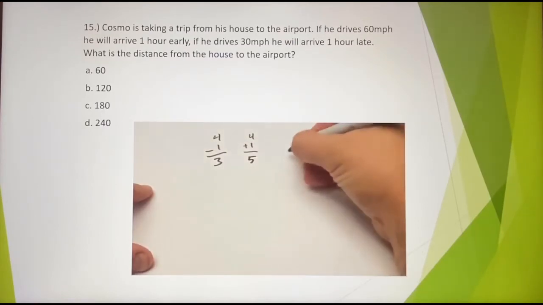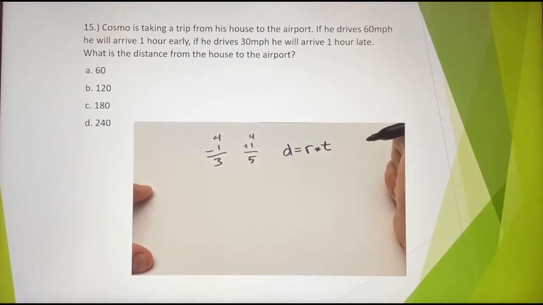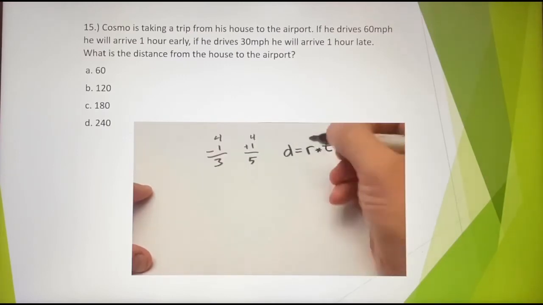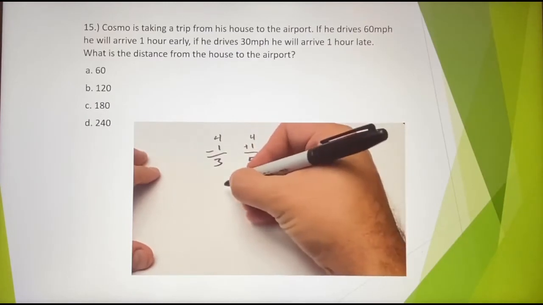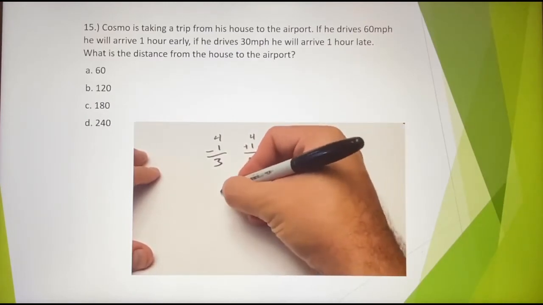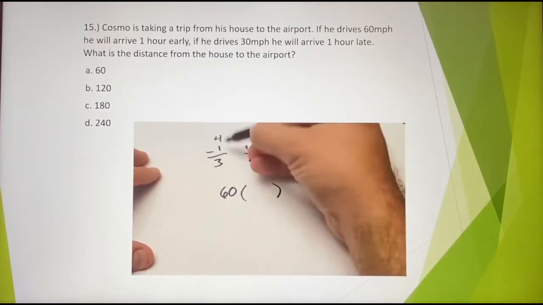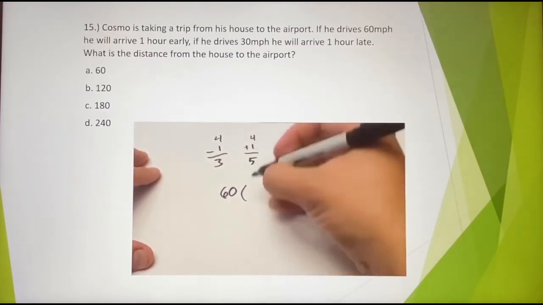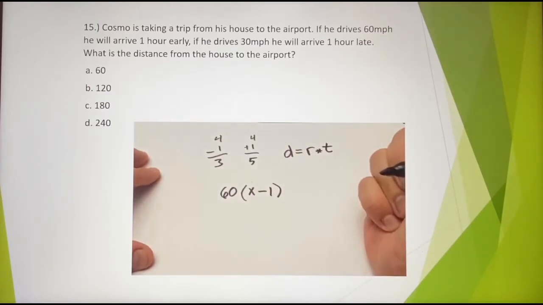And so we know that distance equals rate times time, and this is one of the formulas on the reference sheet. We know that our rate when we get there 1 hour early was 60, and arriving 1 hour early would just be subtracting 1 from our time.